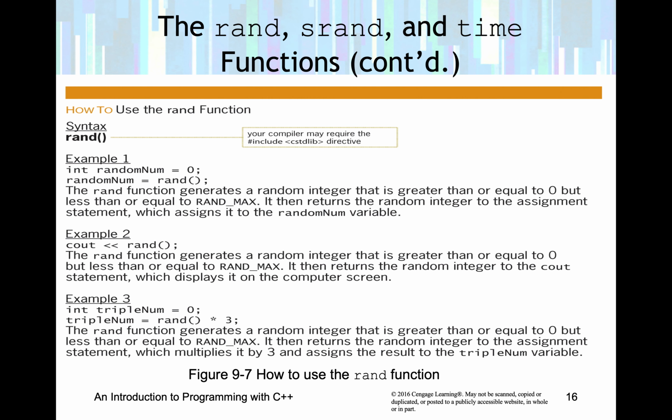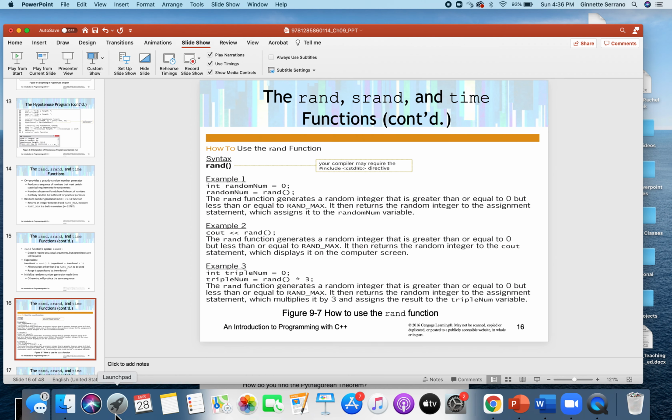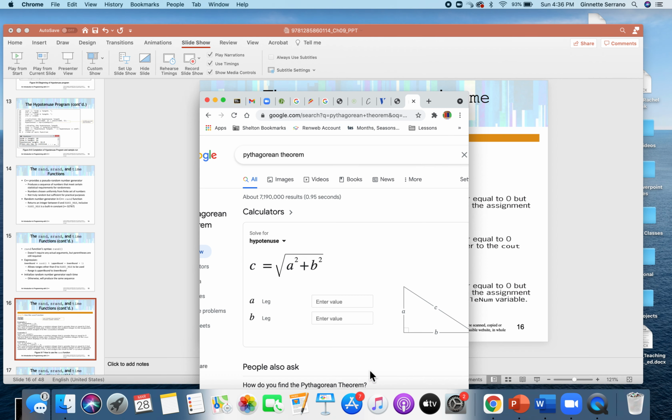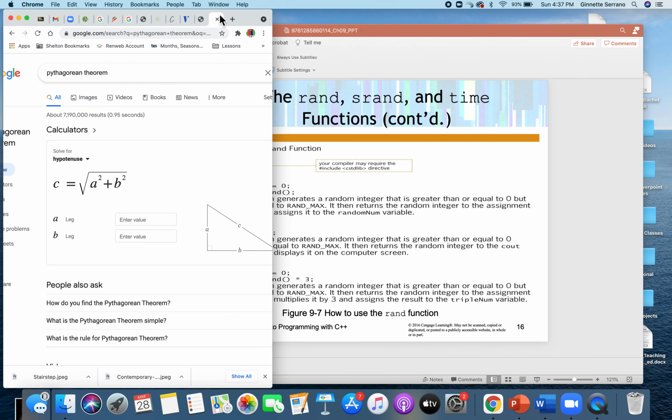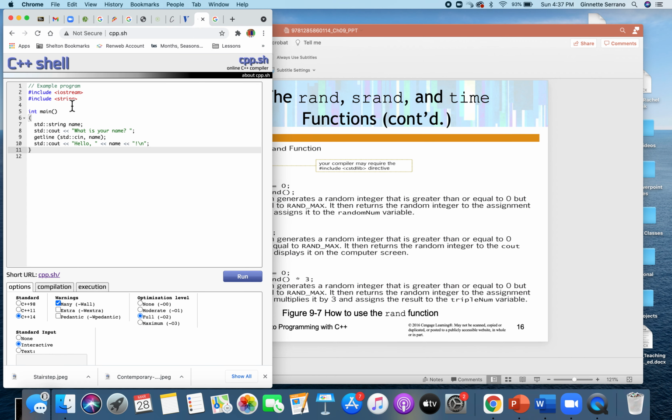So here's an example using the rand function. We have integer random num equals rand. So let's go ahead and type it into a program. If I don't use using namespace standard, then it requires me to add std:: in front of every cout, cin.